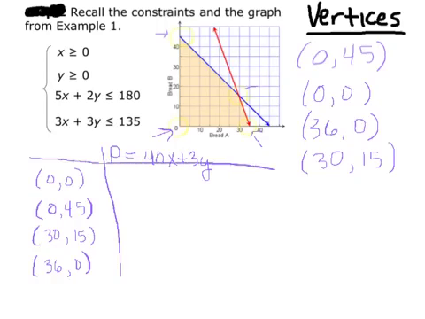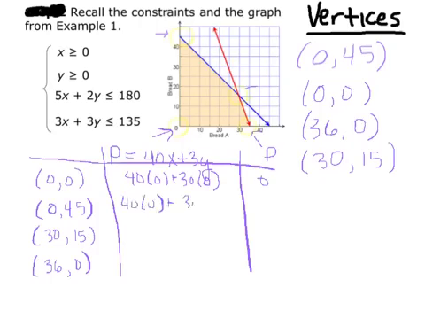Okay? 40 times 0 plus 30 times 0. My profit is 0. Not very maximized. Okay. 40 times 0 plus 30 times 45. That gives me a profit of $1,350.